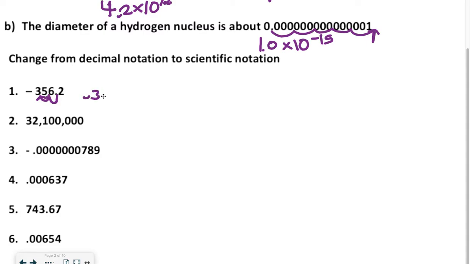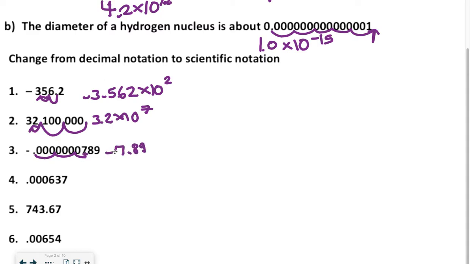So it's negative 3.562 times 10 to the 2 because I moved to the left, I increased. 3, 6, 7, 3.2 times 10 to the 7th power. 3, 6, 8, 7.89, the negative goes in front, times 10 to the negative 8th power.